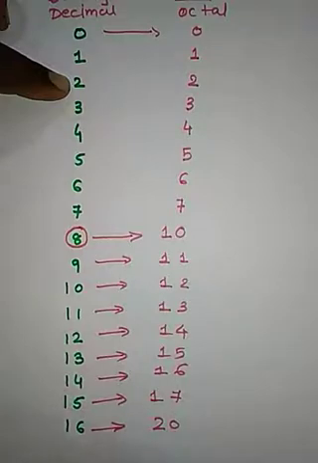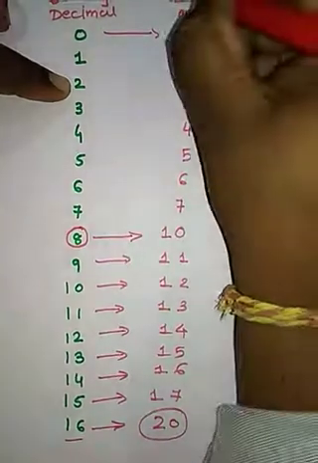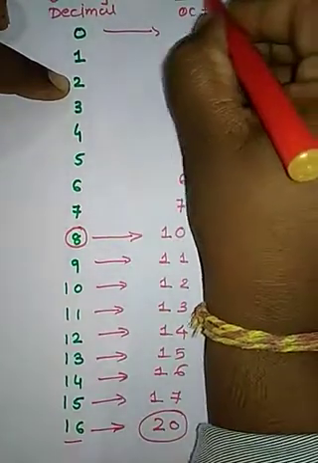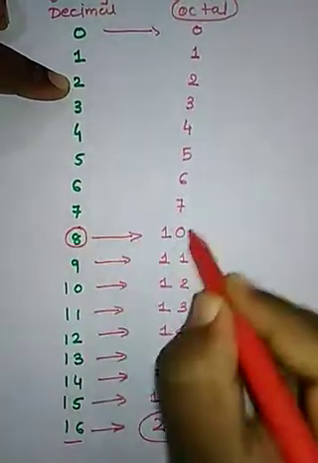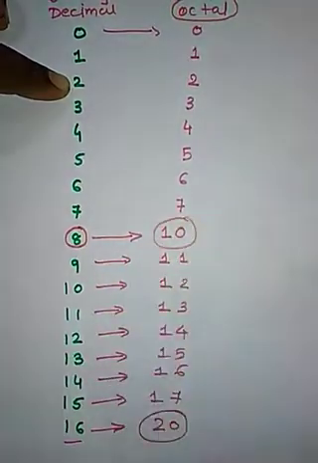So what is the octal of 16? It's a 20. See here, whatever the base, suppose the octal base is 8, when there is the number 8, its answer is 10.